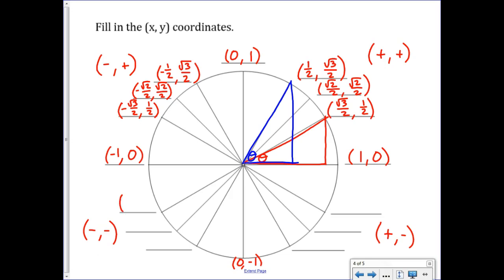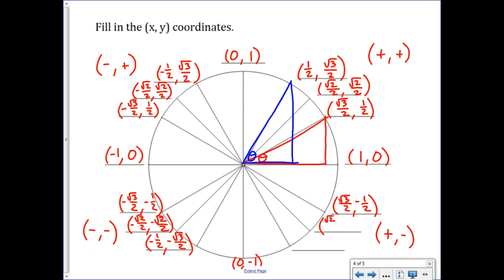So we've gone left negative radical 3 over 2, then we've gone down 1/2. And then negative radical 2 over 2, and negative radical 2 over 2. And then negative 1/2, and negative radical 3 over 2. And then we reflect that as well over here in quadrant 4, and we get radical 3 over 2 and negative 1 over 2.